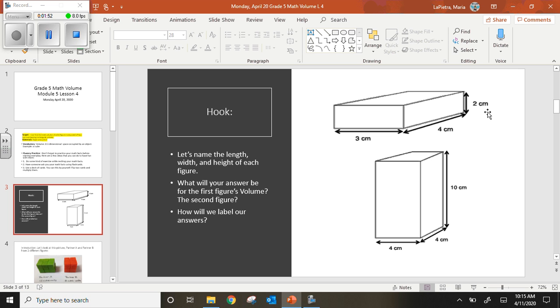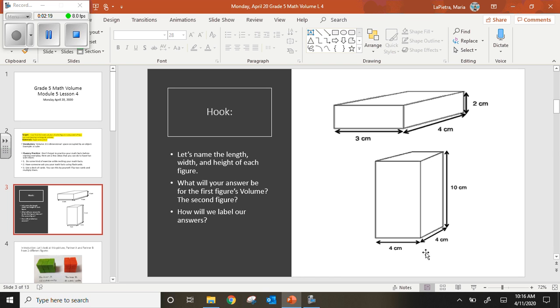Okay, so what will your answer be for the second figure? Okay, and make sure when you're writing these, you're making a multiplication sentence. So for the second one here, 4 times 4 times 10. So here's our length, here's our width, here's our height.